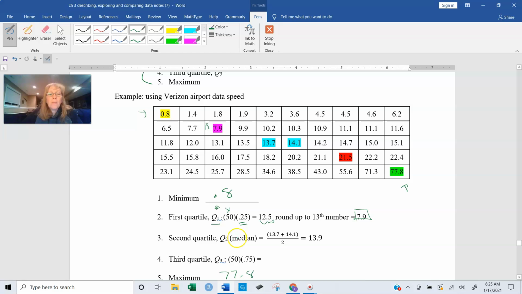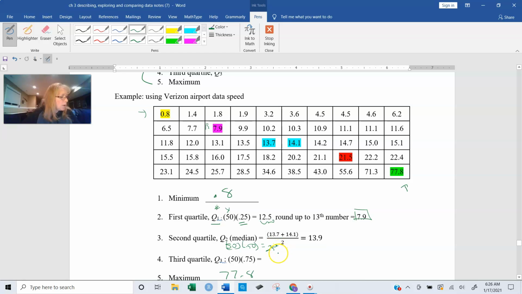Q2 is the median. I don't usually do it this way. I take the 50 times the 0.5, and that's going to give us the 25th number.